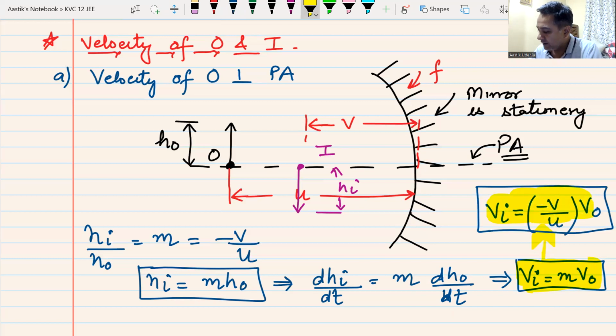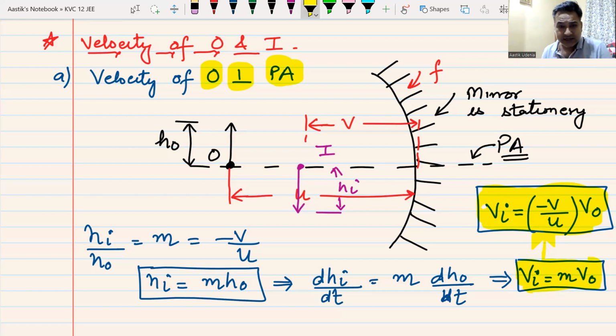So this will give me the relation between velocity of the object and velocity of the image when the object is moving perpendicular to the principal axis. Can I have raised hands from everyone that we understand this?